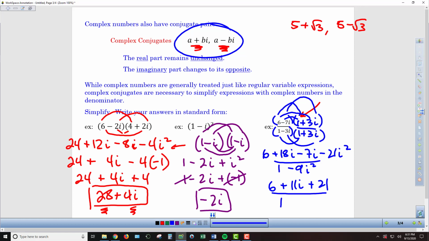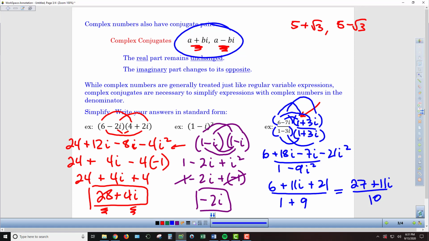I've got 1, and then it's minus 9 times that i squared is negative 1. So that's going to become plus 9 on the bottom. And so then we just have our last bit of cleanup up top. 6 plus 21 is 27 plus 11i all over 1 plus 9 is 10.